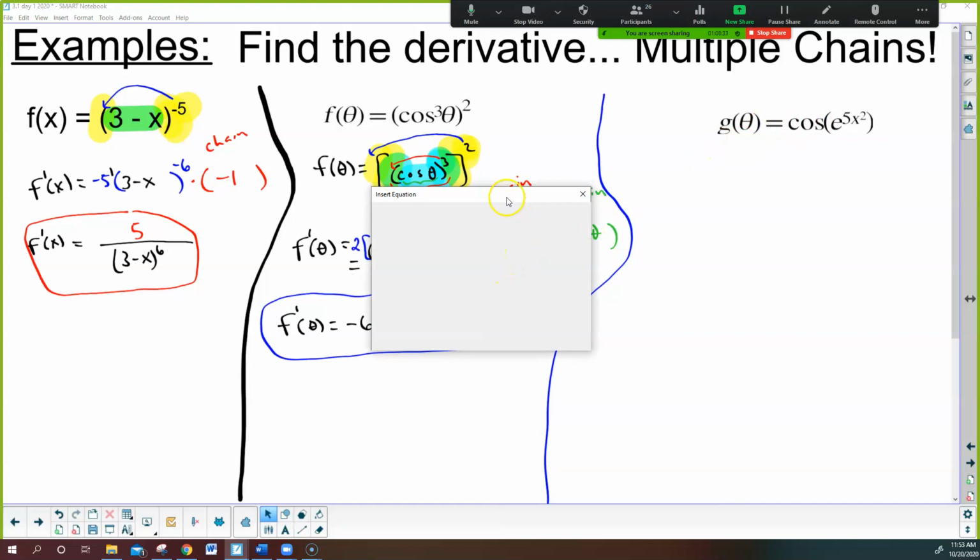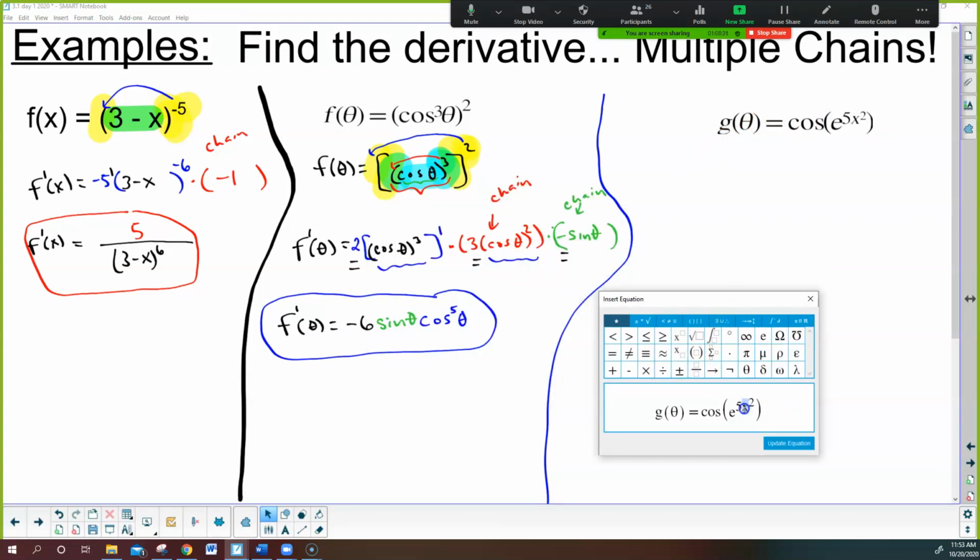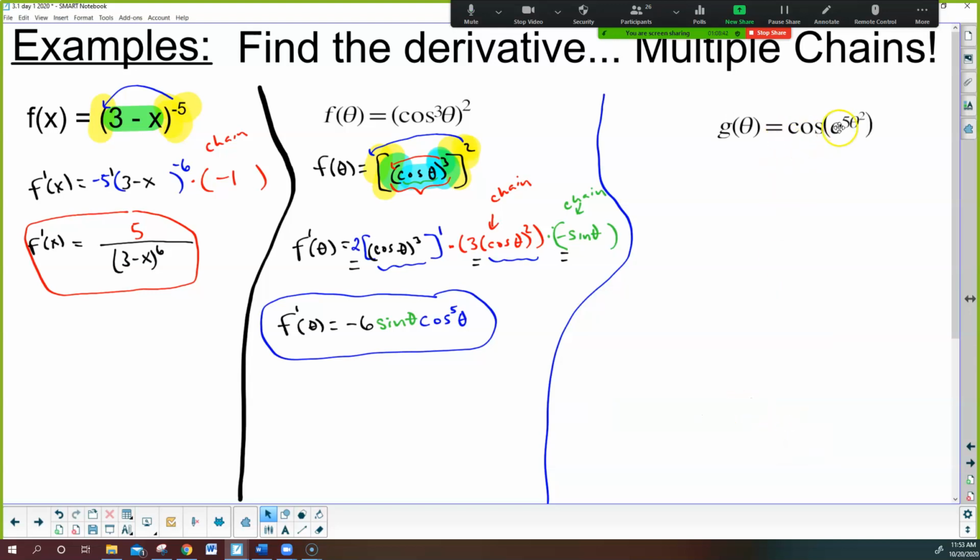This one, sorry, this one shouldn't have an x, it should have a theta. So hopefully you can see the different layers in this one as well. The outermost function is the cosine.